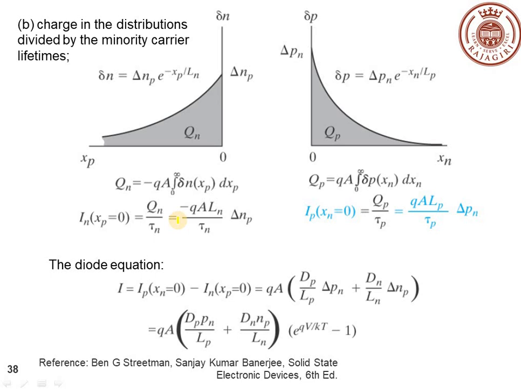Then the depletion region with its expression, and the contact potential, the concept and the equation, we have seen. Then we have seen the concept of space charge density in the junction. Then we have derived the current equation through a PN junction using two methods, the slope method and the charge method. Thank you.